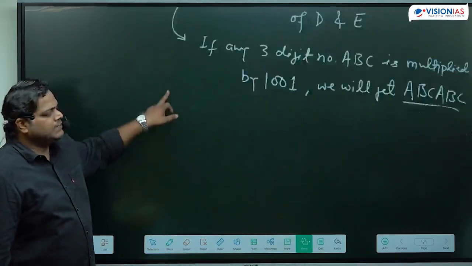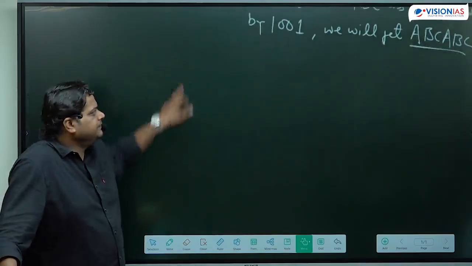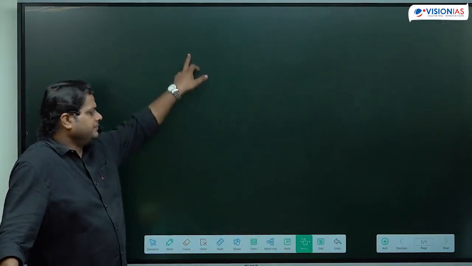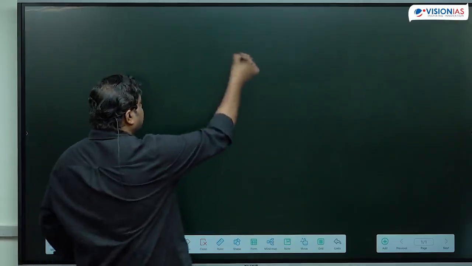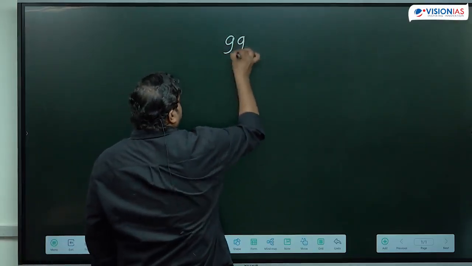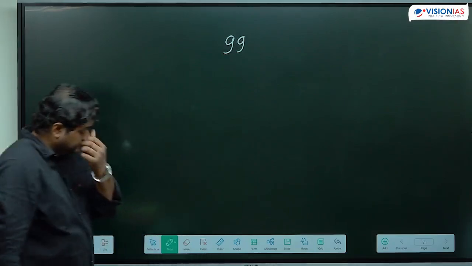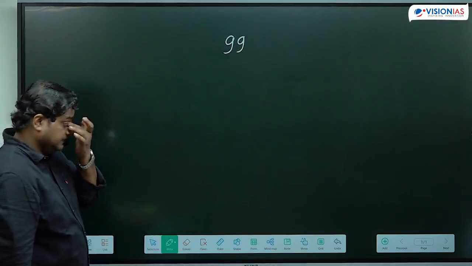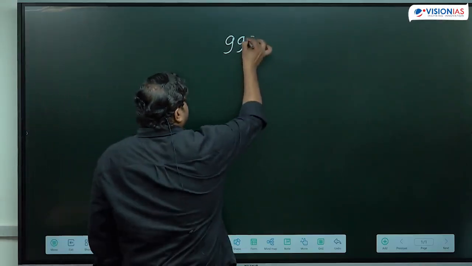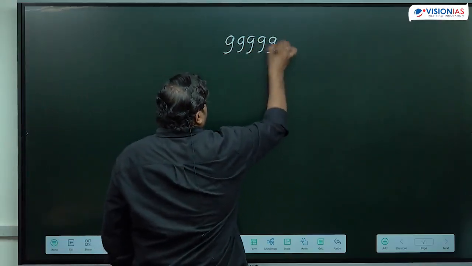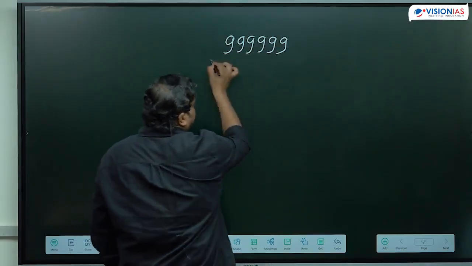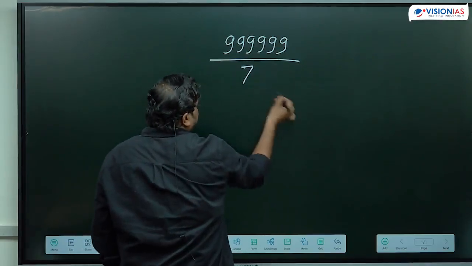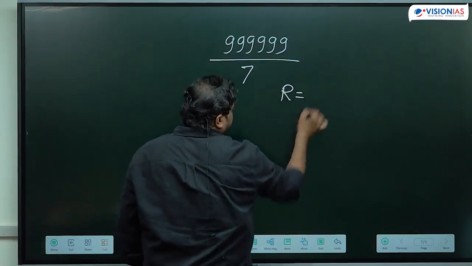Now we can see how we can calculate remainders. If I divide this number by 7, what will be the remainder?